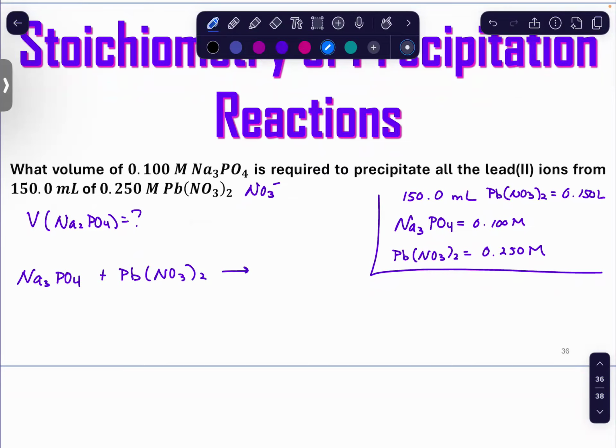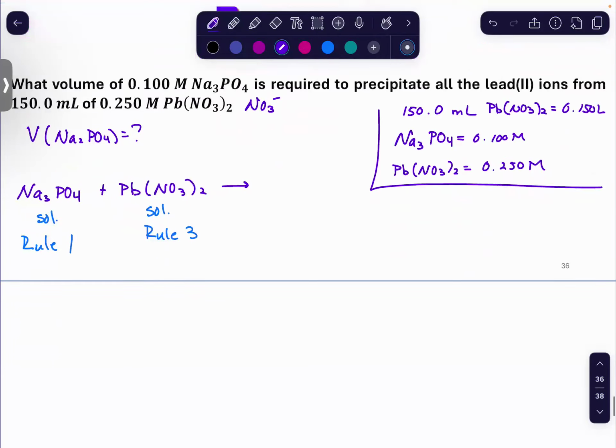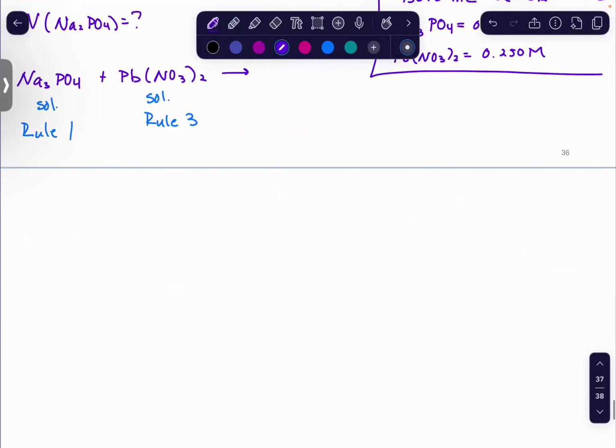Well, the first question is, are our reactants even soluble? Okay, so this one is soluble by rule 1. And this one is also soluble by rule 3.